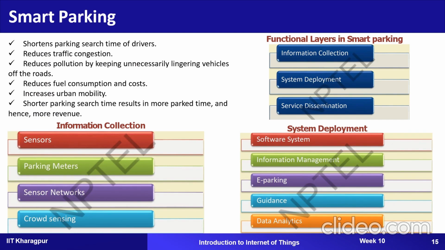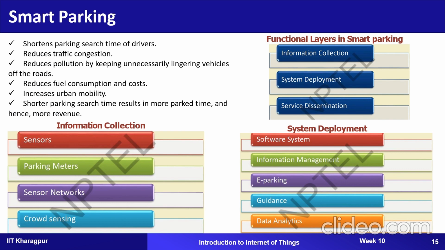Okay. So in case of smart parking, there are three different functional layers. First one is your information collection, second is your system deployment, and third one is your service dissemination. Information collection consists of various kinds of sensors, parking meters, sensor networks, crowd sensing.